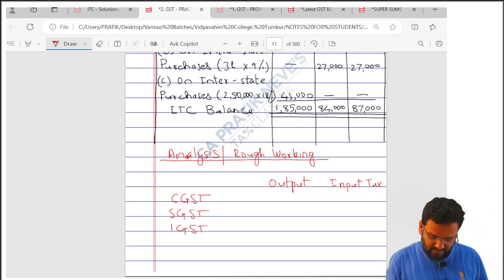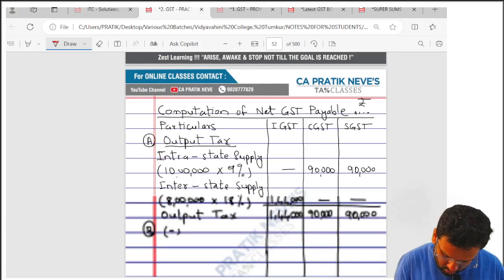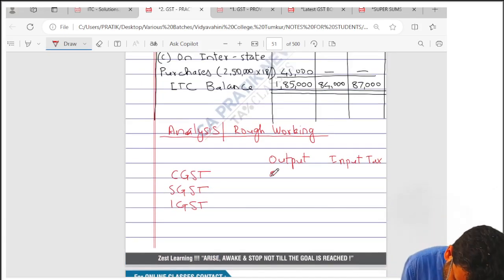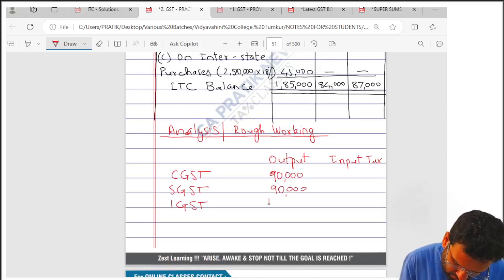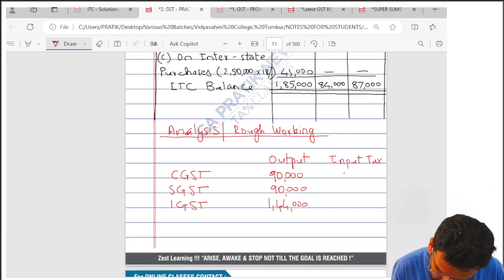So 84, 87, sorry, output is 90, 90, 144. But ITCs are 84, 87 and 185.